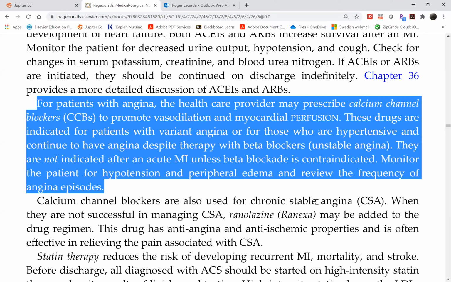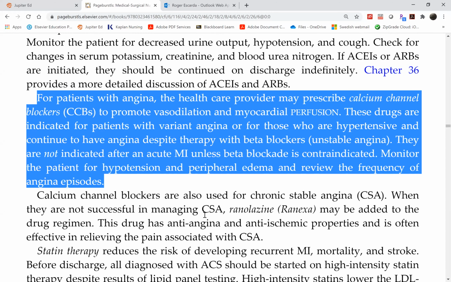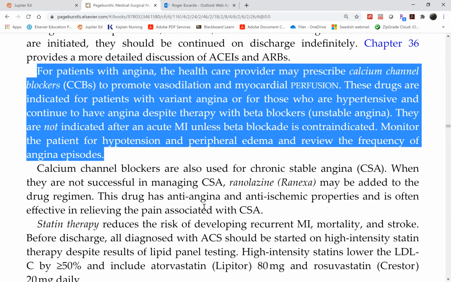For our calcium channel blockers. For patients with angina, the healthcare provider may prescribe calcium channel blockers to promote vasodilation and myocardial perfusion.